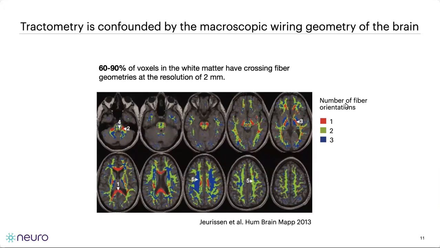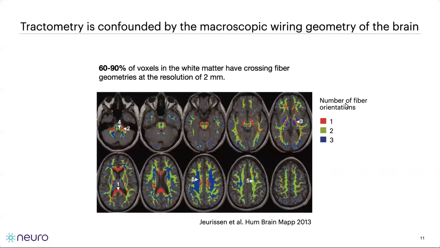So this is work by Jeurissen, right? And what you see here is that the voxels in red have one main fiber orientation. All the others have 2 or more, okay? So basically this means that in 60–90% of the voxels in the white matter at current imaging resolutions, you have more than 1 fiber population at different orientations, right?